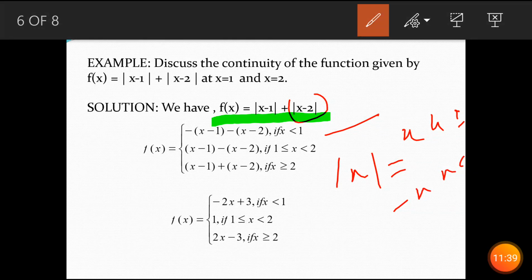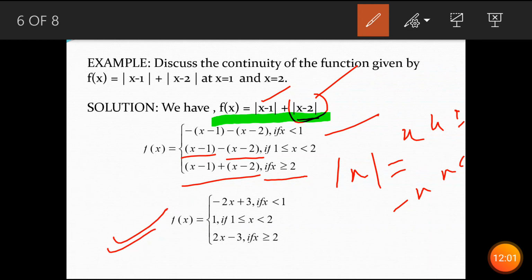So we are using that definition. If x lies between 1 and 2, then this will be positive x minus 1 and x minus 2 will be negative. Okay. And if we consider x greater than equal to 2, it means both will be positive. So just solve them and you will get this function.